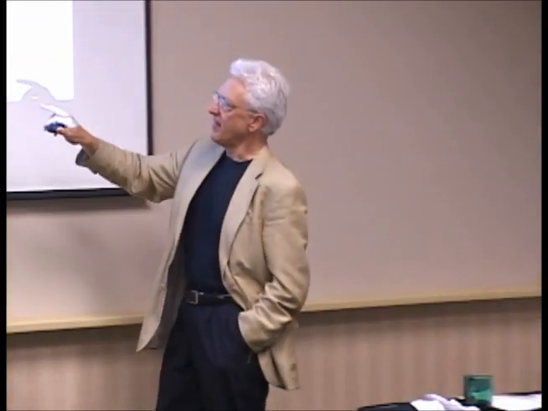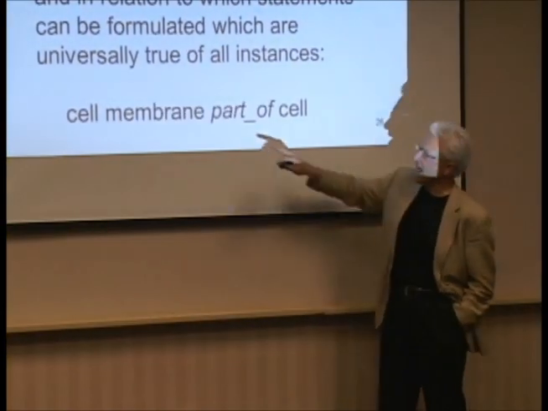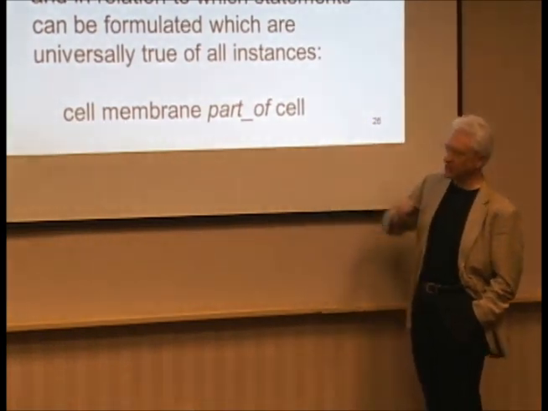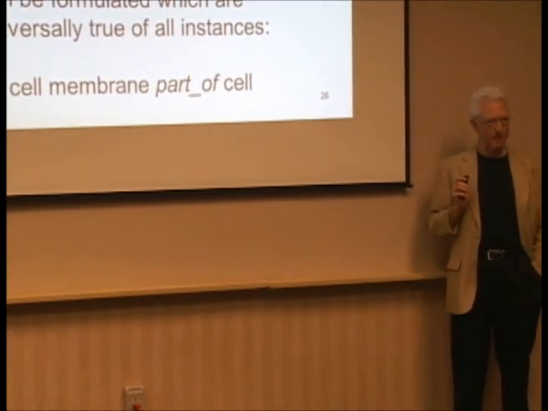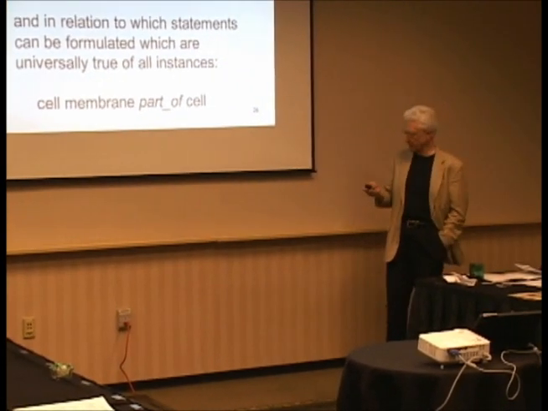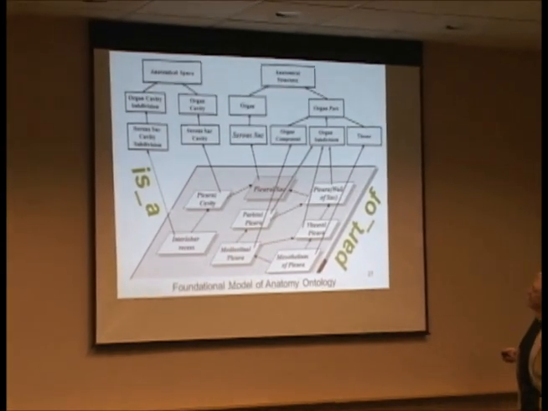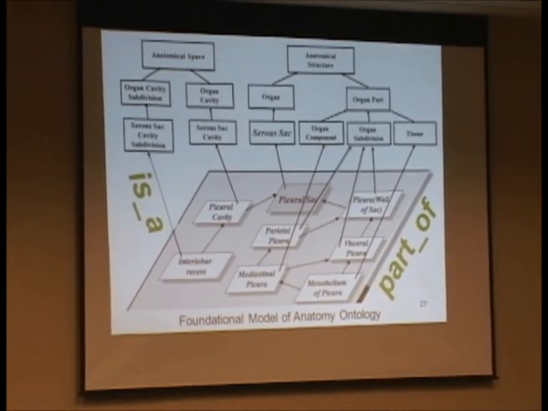And because these are universal types, we can use them to reason. Every cell membrane is a part of some cell. The computer can reason with that. And this is the way in which the is-a and part-of relations should be organized.